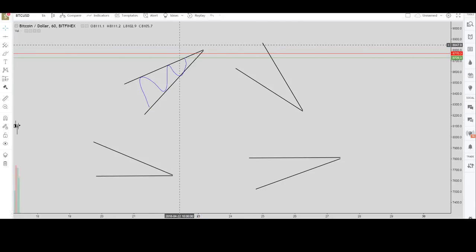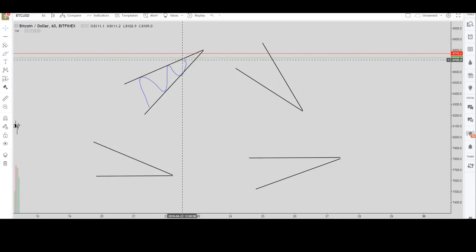Now, I'm not going to get into layering in this video. You could check out some of my other videos for layering, but it never hurts to layer if you want to. And when I mean layering for this situation, this would be a tight layering situation. Or you can simply just use one order on the resistance level, using a stop loss above.